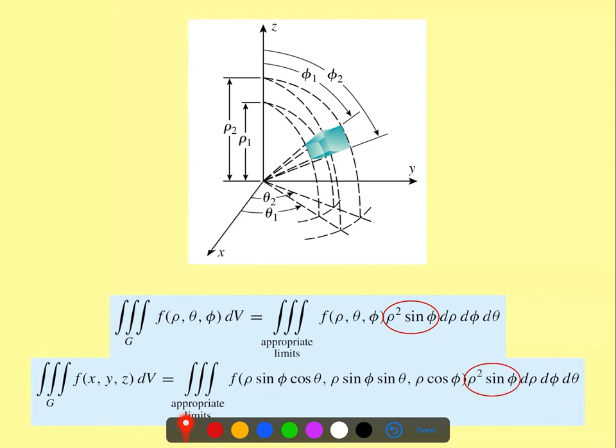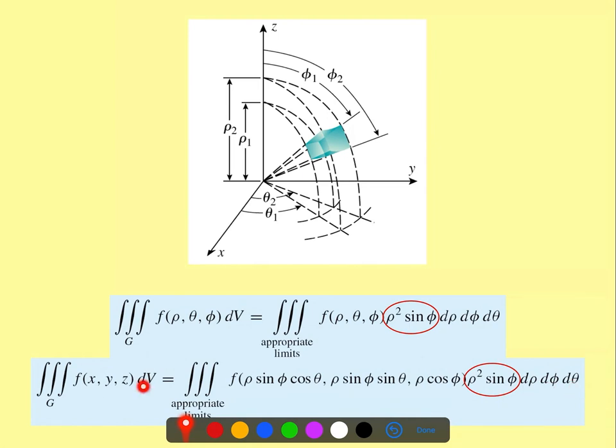And that's also true down here. This is showing that if I want to convert from rectangular coordinates when I'm integrating, I should replace the x, y, and z with what they're equal to in spherical coordinates, and you can look back at what we said they were equal to. And dv gets replaced with rho squared sine phi d rho d phi d theta.